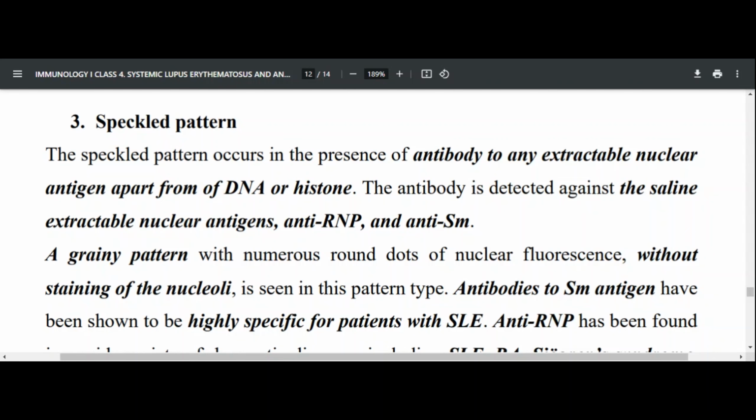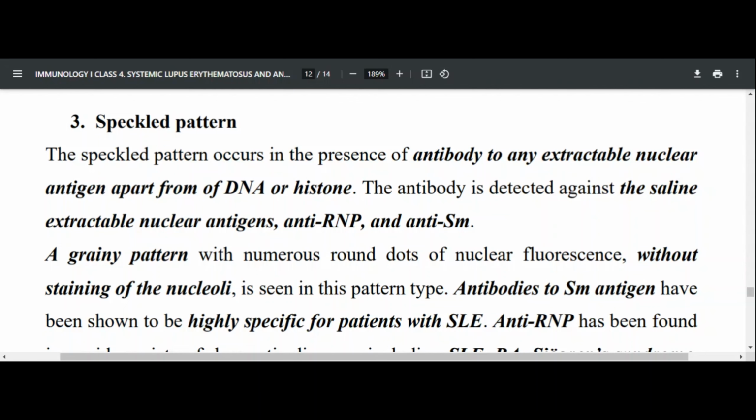Smith antigens are also found in the nucleus, and they are called extractable antigens. Antibodies against Smith are seen associated with speckled patterns. A grainy pattern will be seen, with numerous round dots of nuclear fluorescence without staining of the nucleoli.